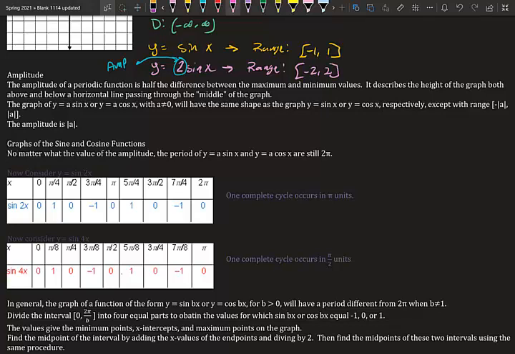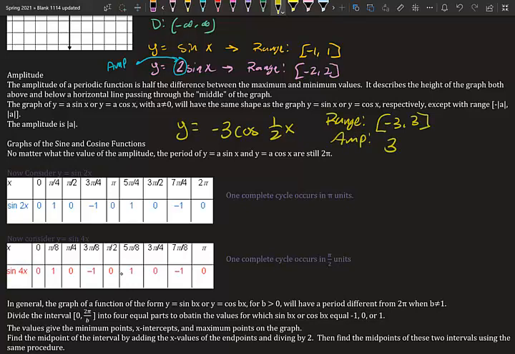So if I gave us y equals -3 cosine 1/2 x, our range would be -3 to 3, and our amplitude would be 3. That's all it's saying with the absolute value.